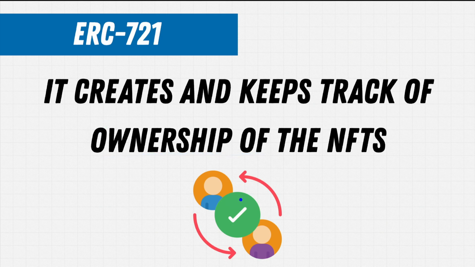Because remember, a smart contract is nothing more than a wallet. So when you interact with it, you are giving it money, and it is giving you something in return. And that something in return, it is tracking your ownership of the non-fungible asset on that smart contract. And this is where digital art kind of comes in.